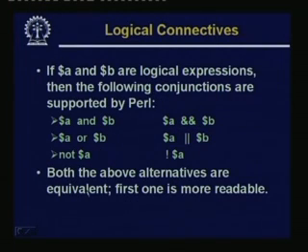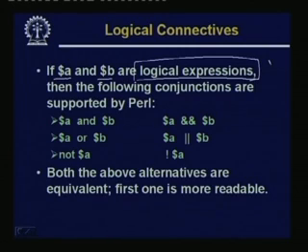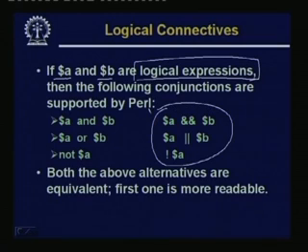There are 3 such. These are defined as follows: if $A and $B are logical expressions, okay? Logical expression means they have values of true or false. Then the following conjunctions are supported by PERL. There are two styles, which are identical, equivalent. The second style is the C style, where you can use double ampersand for AND, double bar for OR, and exclamation for NOT.